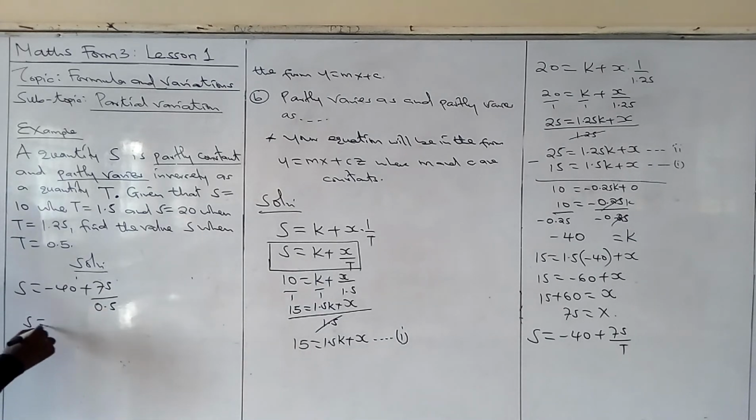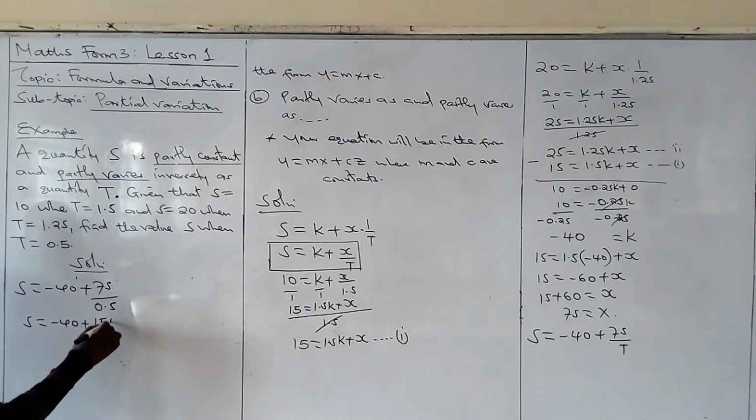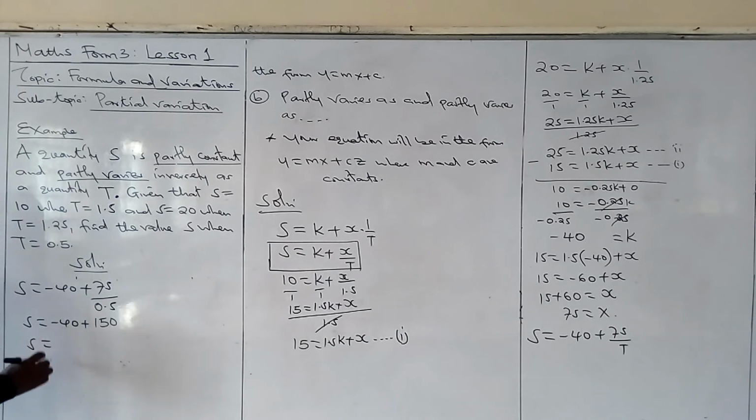So our s becomes minus 40 plus 150, because 75 divided by 0.5 is 150. Then our s becomes 150 minus 40, which gives us 110.